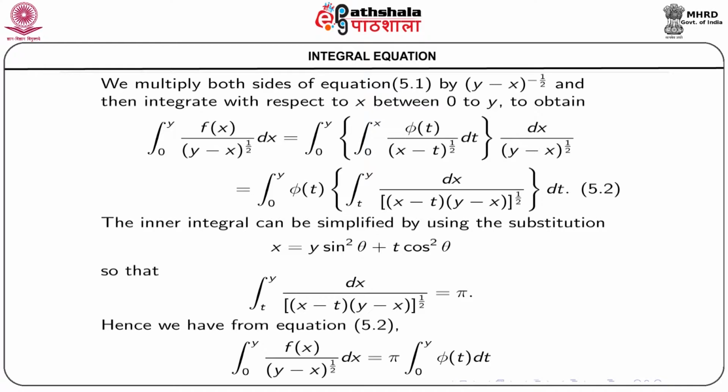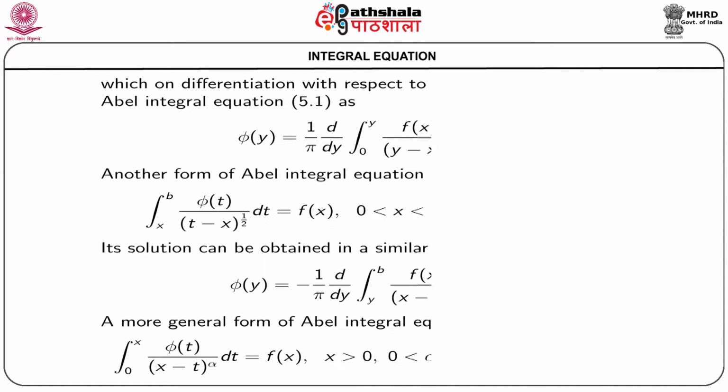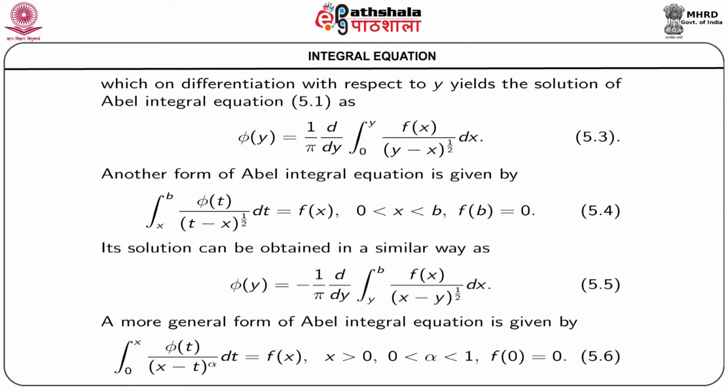So, we differentiate both sides with respect to y to obtain the solution of Abel's integral equation 5.1 as phi(y) equal to 1 by pi d/dy integral 0 to y f(x) divided by root over (y minus x) dx, as given in equation 5.3.